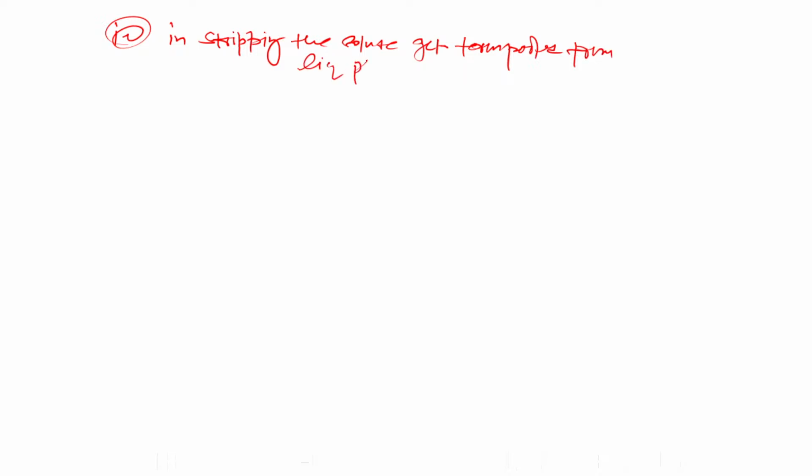It means in stripping, the solute gets transported from the liquid phase to the gas phase. This is called stripping.